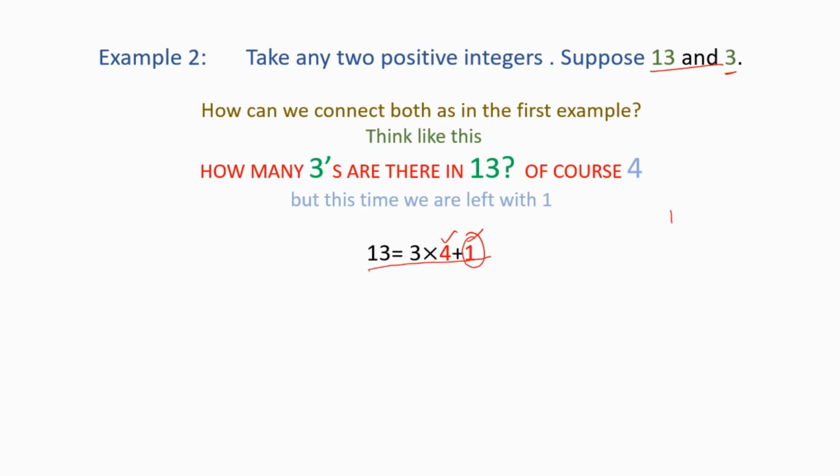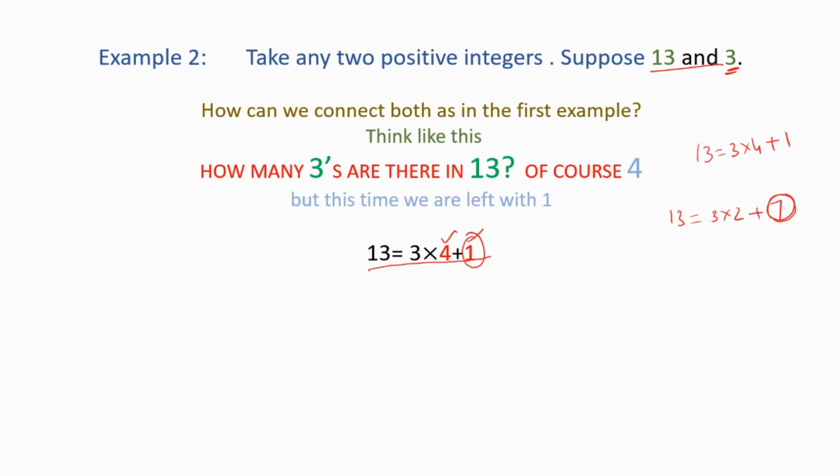You can connect 13 and 3 in different ways: 3 twos are 6, plus 7. But the number here, 7, must be less than this number 3. But it is 7, so much bigger. That's why the correct form is 13 is equal to 3 into 4 plus 1. Then only you will get a number less than this.